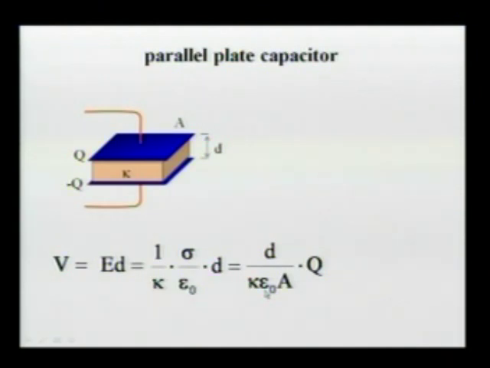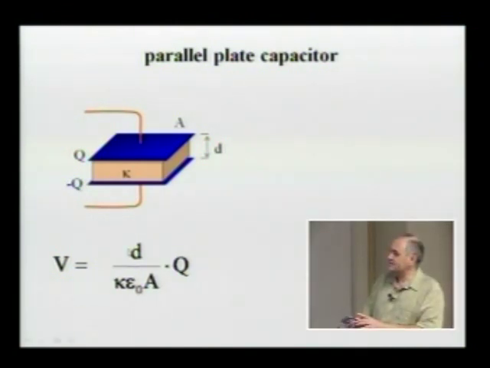Permittivity of free space is a universal constant, and for a given capacitor, the area is also fixed. So we have proven here that indeed potential difference between the plates is proportional to charge transferred from one plate to another plate. It means that this device is a capacitor.